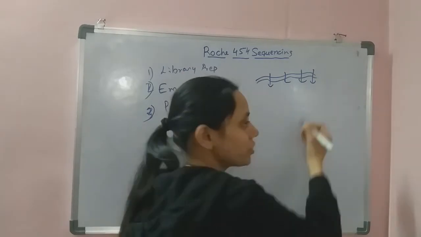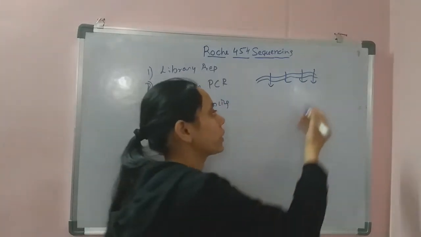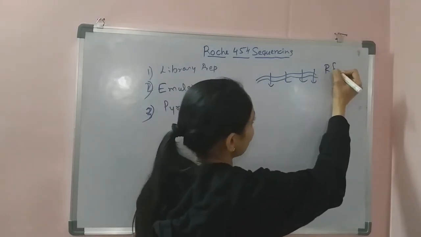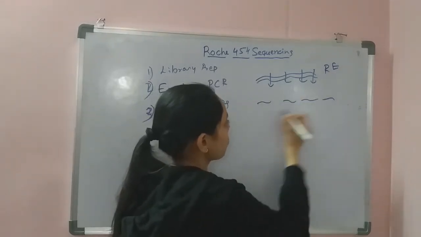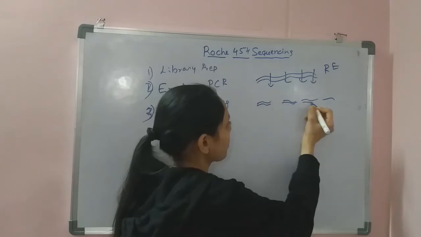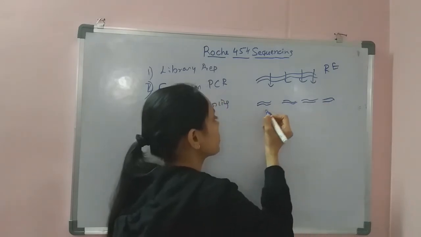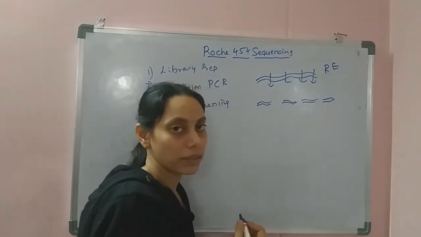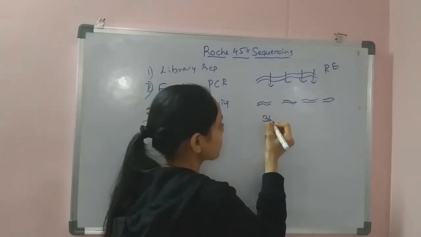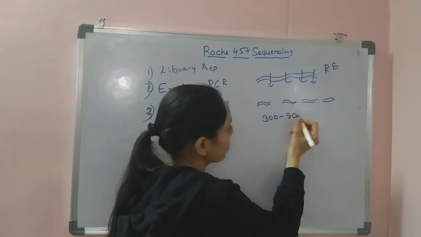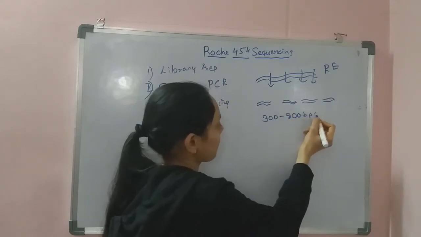The large DNA that is going to be sequenced will be treated with restriction enzymes, which form shorter fragments of double-stranded DNA. The average fragment length in Roche 454 is some 300 to 800 base pairs.